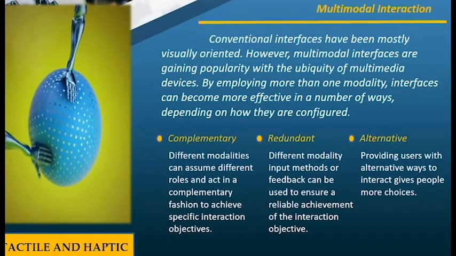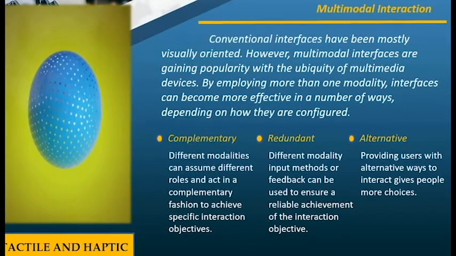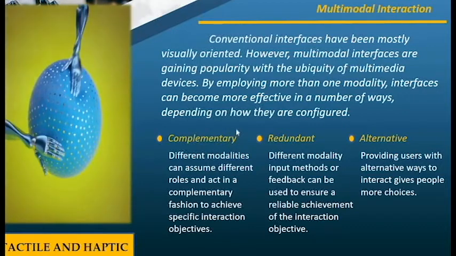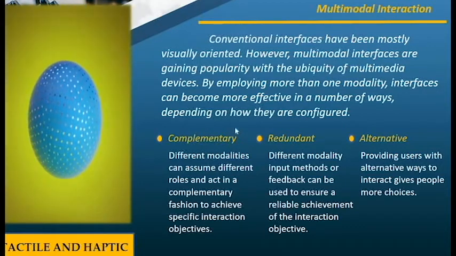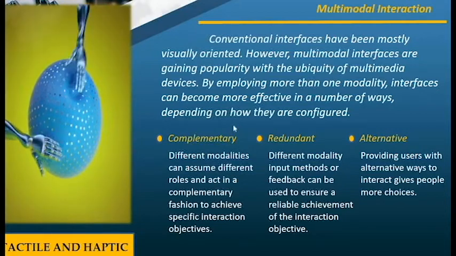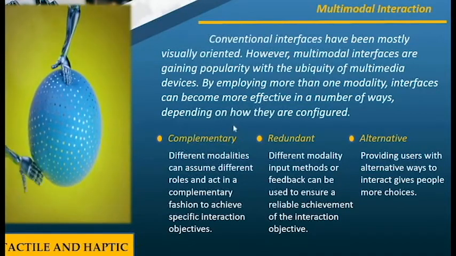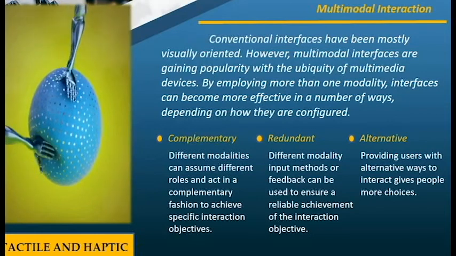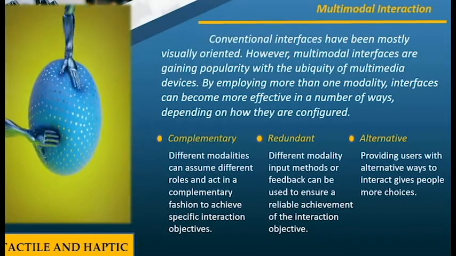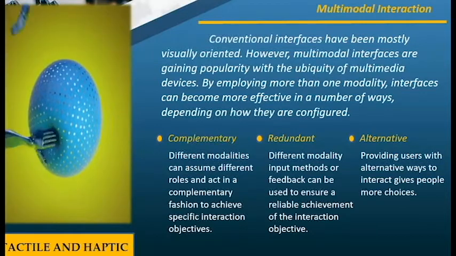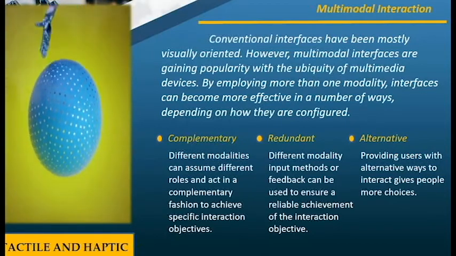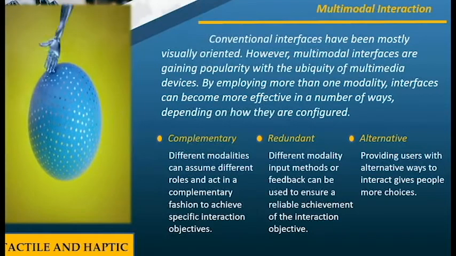Here are some representative examples. When we say complementary, different modalities can assume different roles and act in a complementary fashion to achieve specific interaction objects. For example, an oral feedback can signify the arrival of a phone call, while the visual display shows the caller's name.